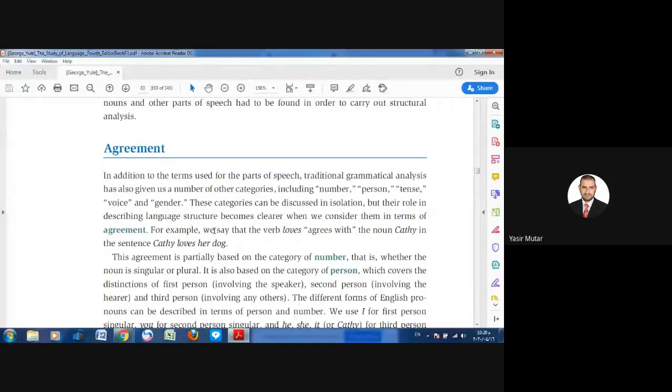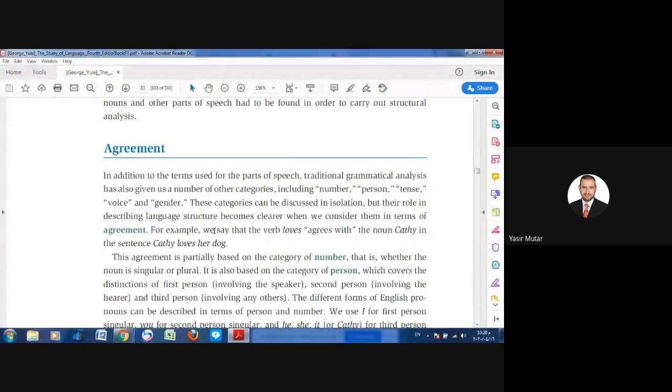For example, when I say "his mother" and "her mother," to refer to the plural, I would say "his parents," but I couldn't say "they parents." Why? This is agreement.